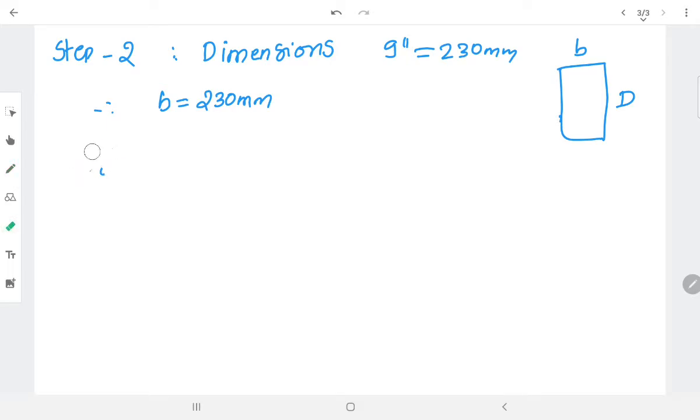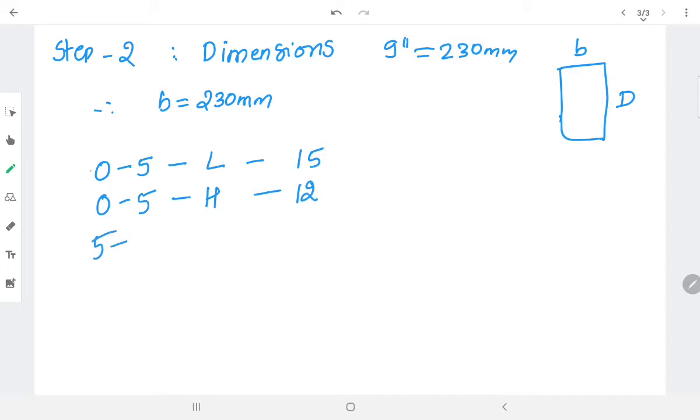Whatever the span is there, based on the span we will be having the ratio, that is L by D. Generally, for a span of beam 0 to 5 meter, if loading is very light, less than 50 kilonewton per meter, I'll be taking 15. For 0 to 5 meter, if heavy load is there, you may take 12.